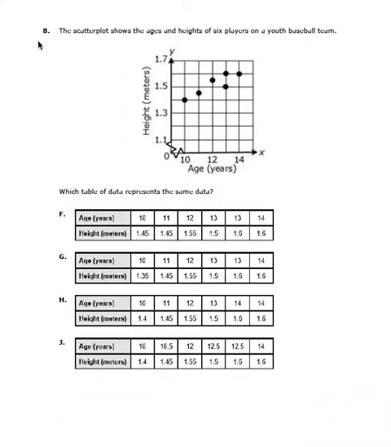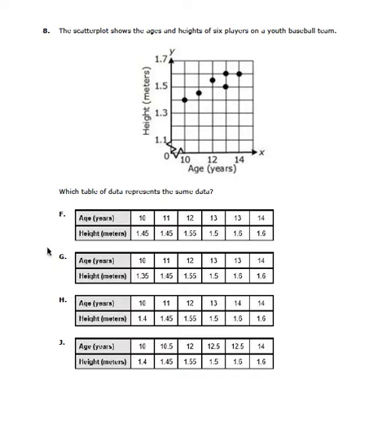Question 8. The scatter plot shows the ages and heights of 6 players on a youth baseball team. Age in years, height in meters. Which table of data represents the same data?